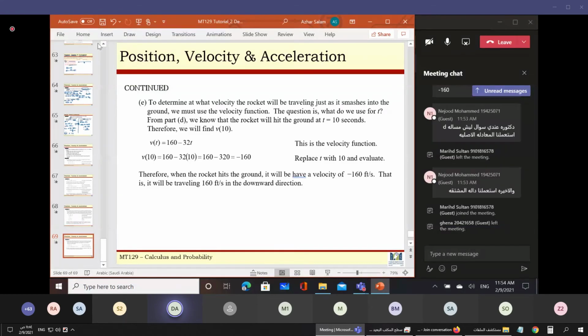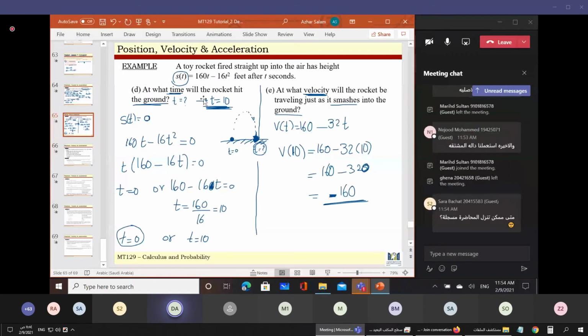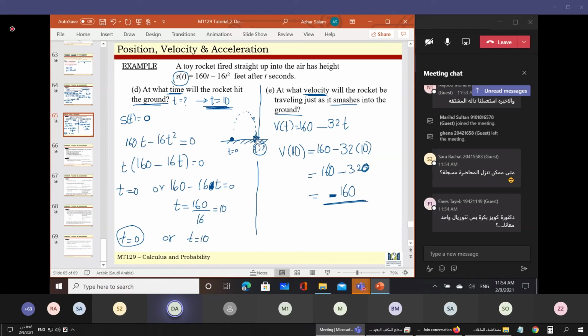Okay, I will go back to the NDE, this one. The question here: at what time will the rocket hit the ground? The rocket will begin from here. I know the time and the position, which is 0 for both, t equals 0 and s equals 0. I know the position here is also 0, but I want to know the time.